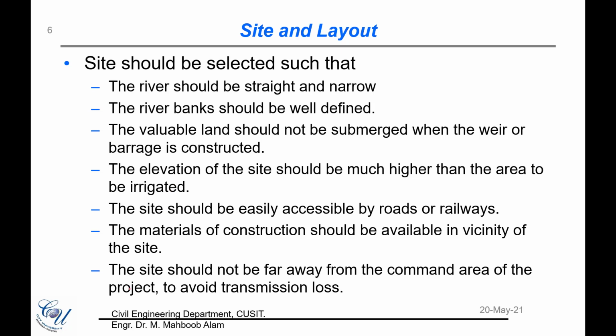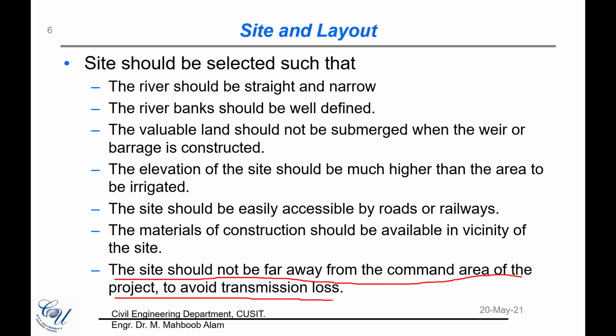Ideally, the last point, this is an ideal point, but it's not necessary that we select the area which is closer to the command area where we are going to irrigate the area, because sometimes, and you would have seen the examples in our earlier lectures, the diversion headwork is hundreds of kilometers away from the area where we need water.